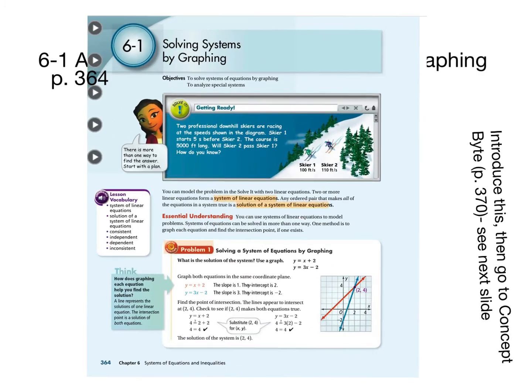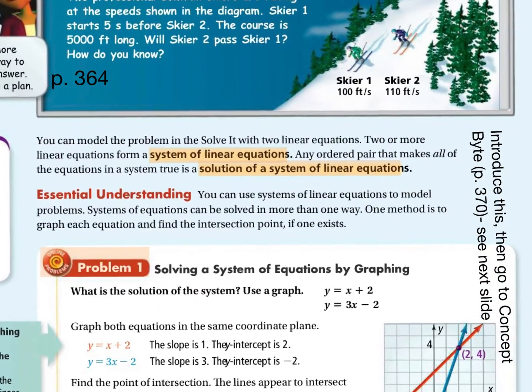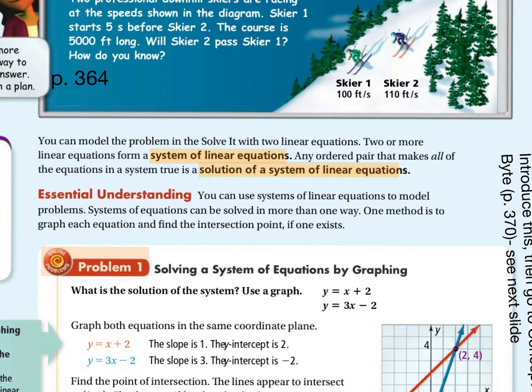A system of equations is when we have at least two linear equations. We have a system of linear equations. When we have a system of linear equations, we're going to try to find the solution or solutions for that system.